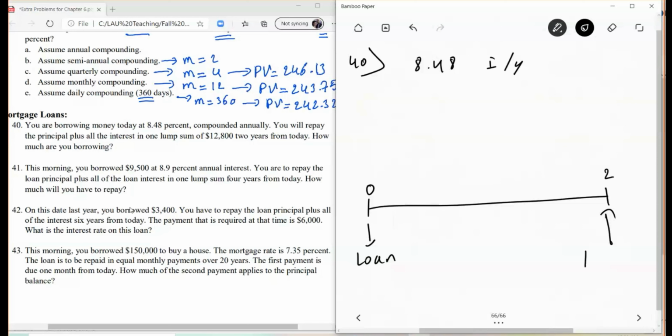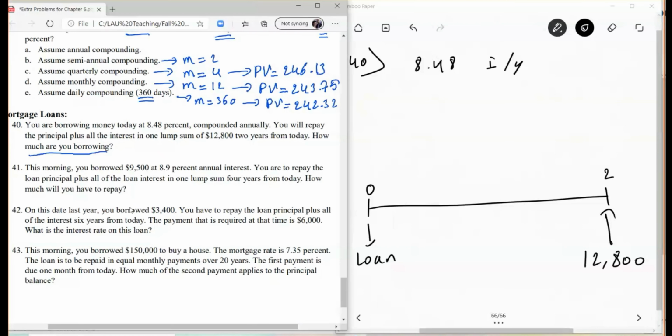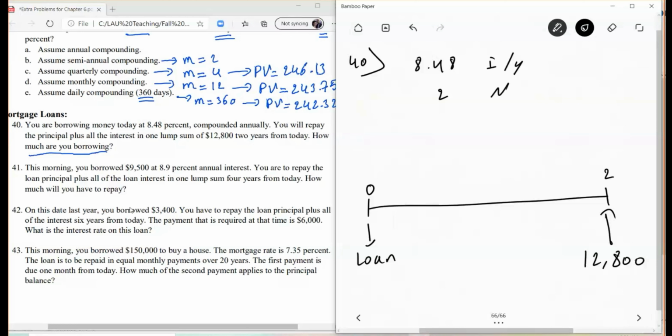The amount that you are paying is $12,800. The interest rate is 8.48. We need to determine how much you are borrowing. So we need to determine the present value PV. In this case, 2 is N, 12,800 is FV, and we compute PV, and the present value in this case is $10,877.04.